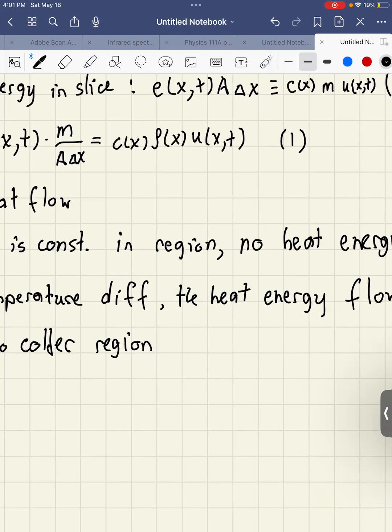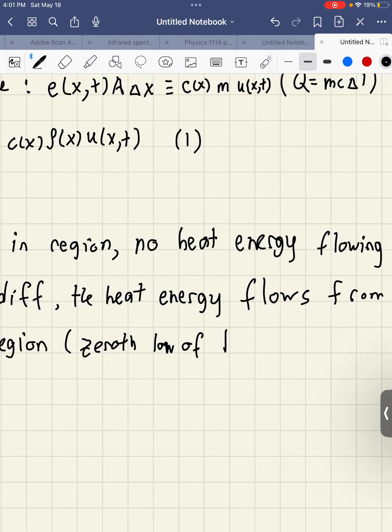And this comes from the zeroth law of thermodynamics.